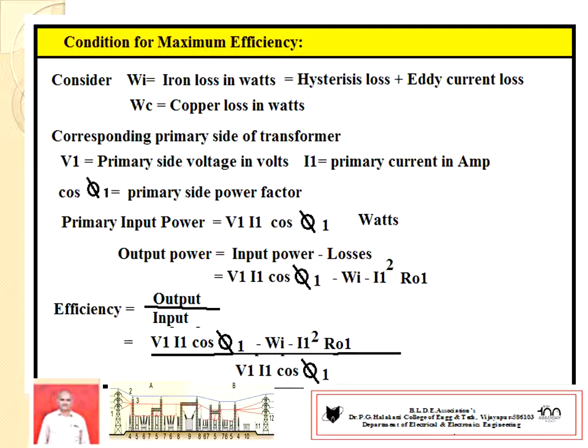You know the input, you know the output, so go to the general expression: efficiency equals output divided by input. So write the expression for output, V1 I1 cos phi 1 minus Wi minus I1 square R01, divided by input V1 I1 cos phi 1.